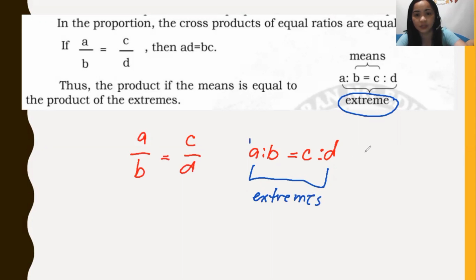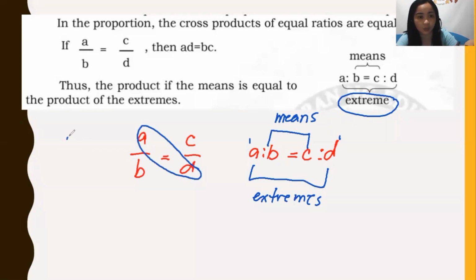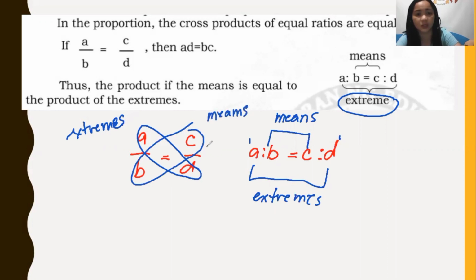The second and the third terms are called means. These are the parts of the proportion. In the fractional form, A and D are the extremes, and B and C are the means.